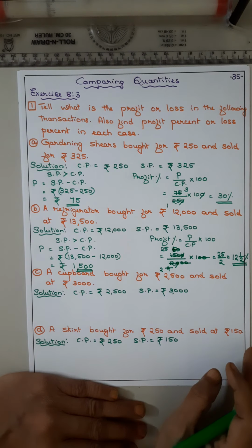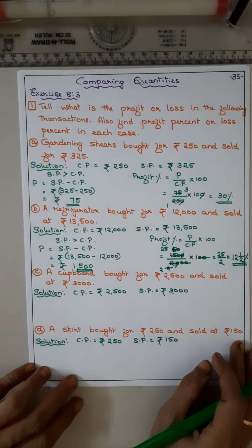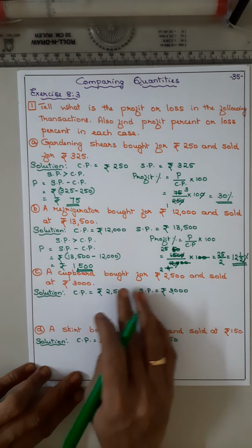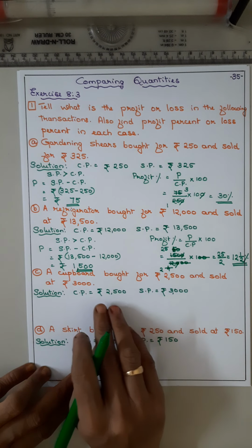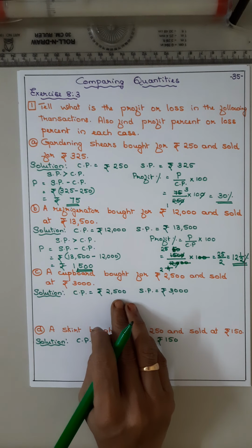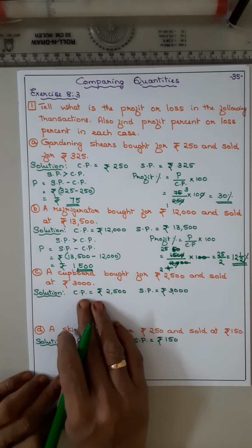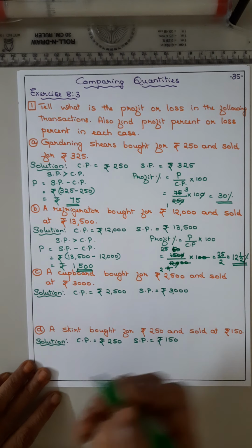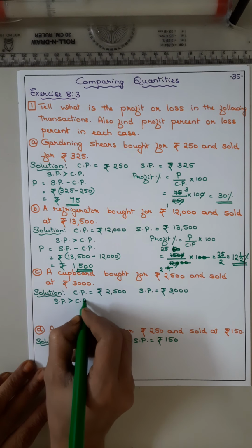So you have to be careful while cutting. Okay, now coming to question number C. A cupboard bought for rupees 2,500. Bought means CP is 2,500. Sold, that is SP, is equal to rupees 3,000. So which is greater? SP is greater than CP.